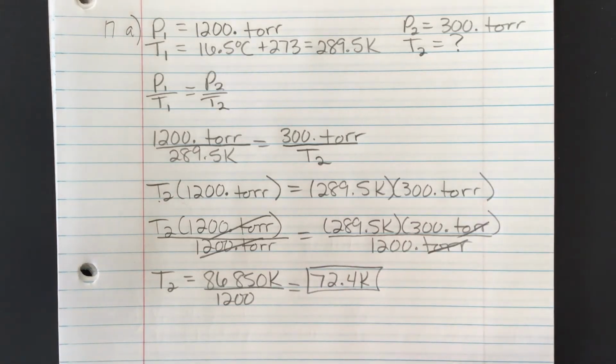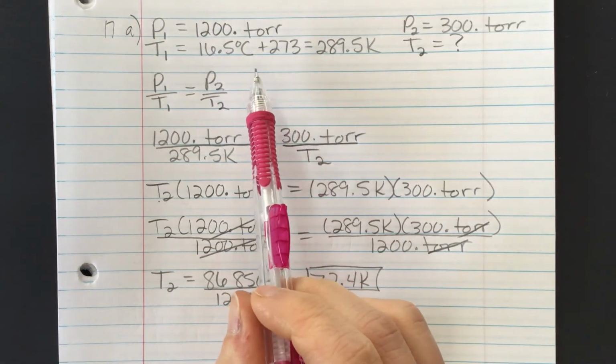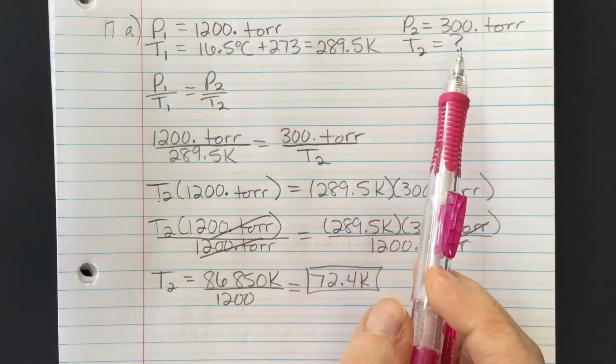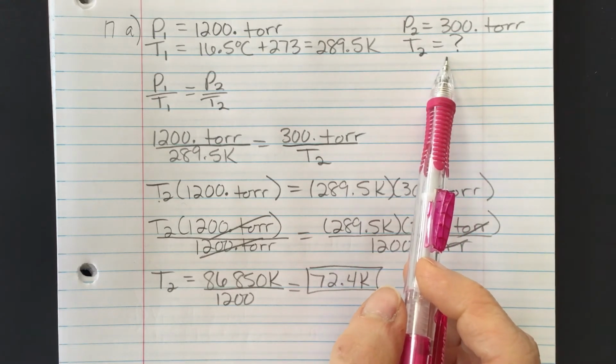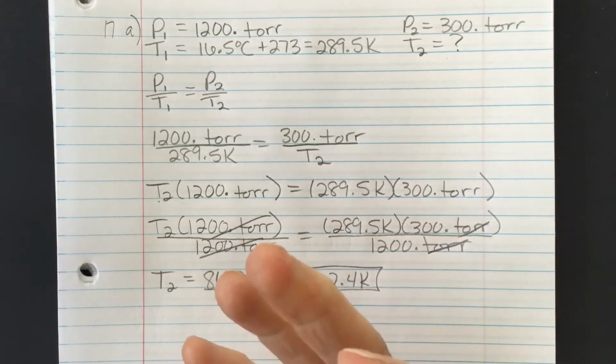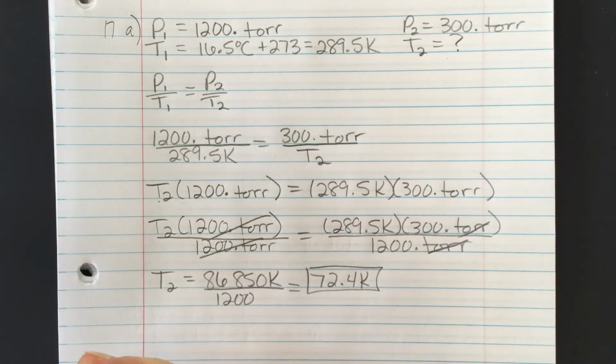So in this case, we expect that if we drop the pressure, we're going to drop the temperature, because if we drop the temperature, the kinetic energy is decreasing. And so there is less pressure because they're going slower. They're moving more slowly.